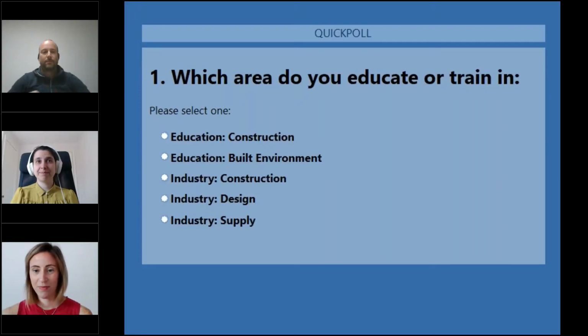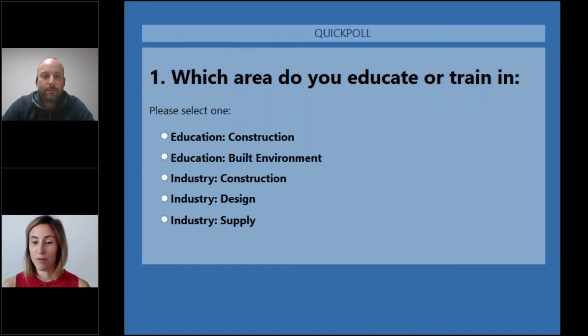Before we go any further, we'll just take a look at our first poll. We're keen to find out which area you're educating in or training in. Is it education construction, education built environment, industry construction, industry design, or industry supply?